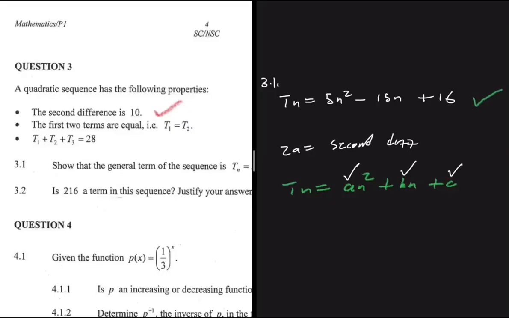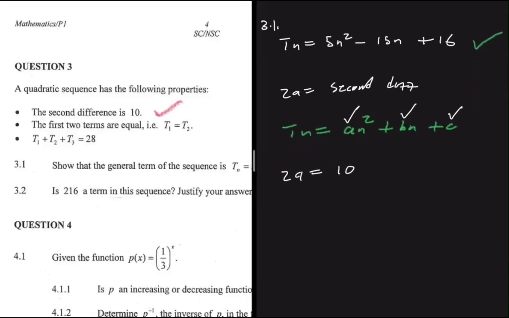We have said that 2a is equal to the second difference. How much is the second difference? That is 10, so it should be easy to see here that a is equal to 5. And just like that, we already have 5, which is part of what we're trying to prove, so we are sort of convinced that we are on the correct route.